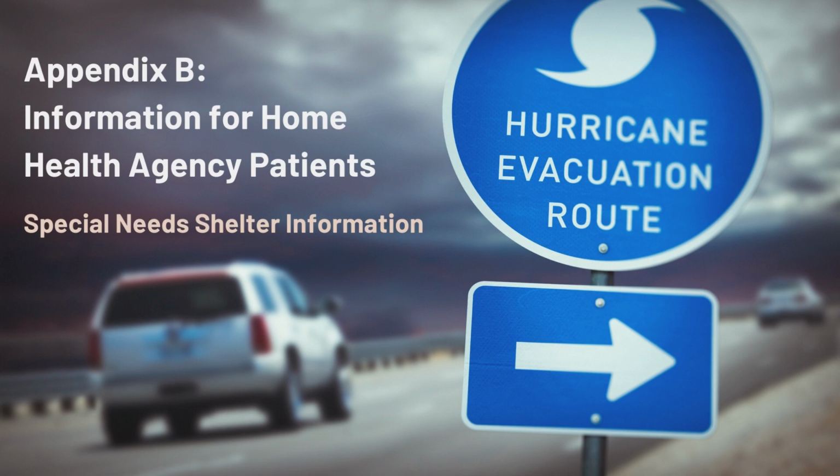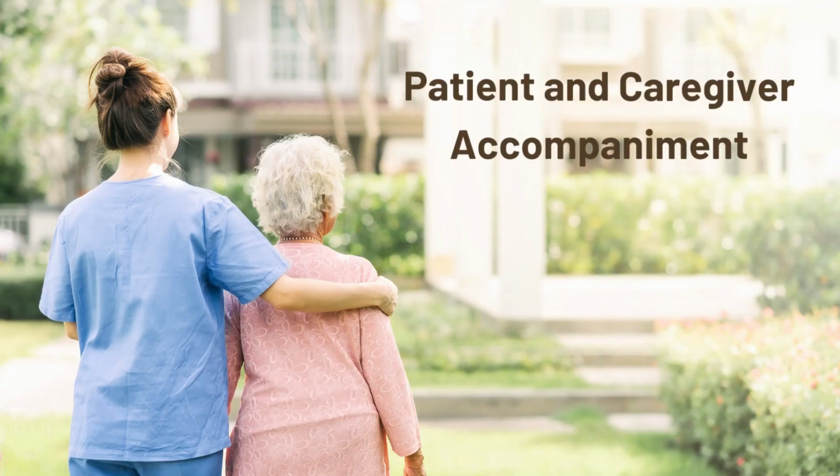In Appendix B, we'll provide patients with essential information they need to know about emergency preparedness. This information is crucial for their safety and well being during emergencies. Appendix B can be found in the patient's admission pocket. If the patient has a caregiver, the caregiver must accompany the patient and remain with them at the special needs shelter.